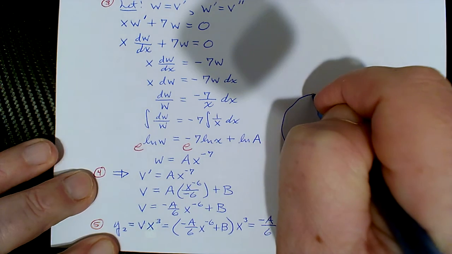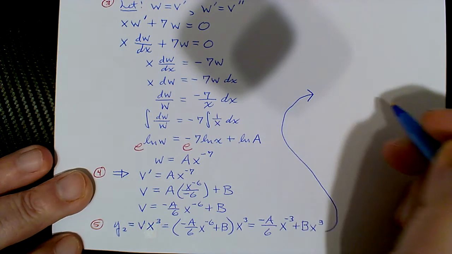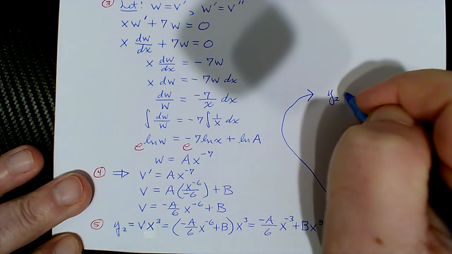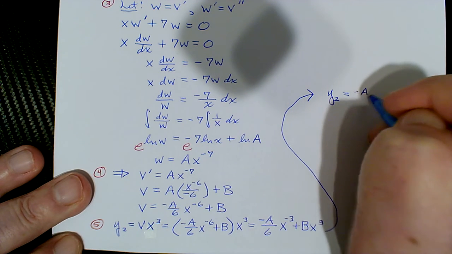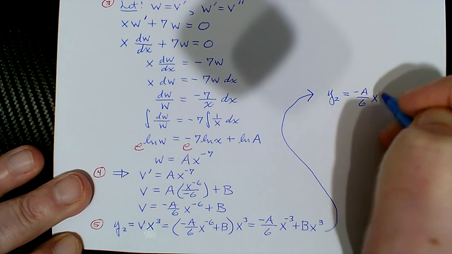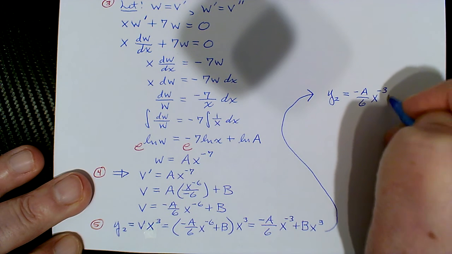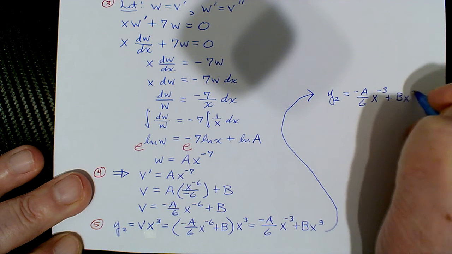And then let me just bring it up here to finish. So we now have that y2 is negative a over 6 x to the negative 3rd plus b x cubed.